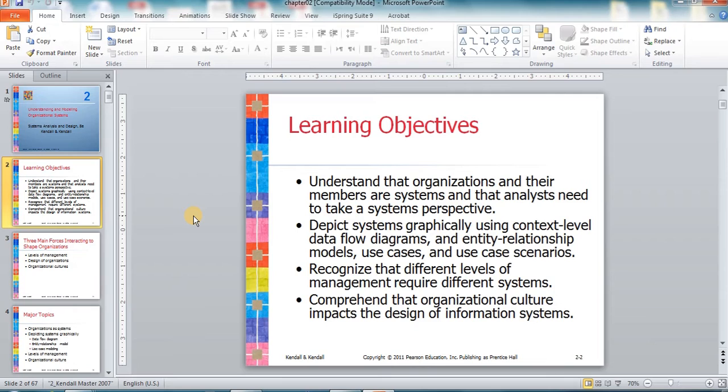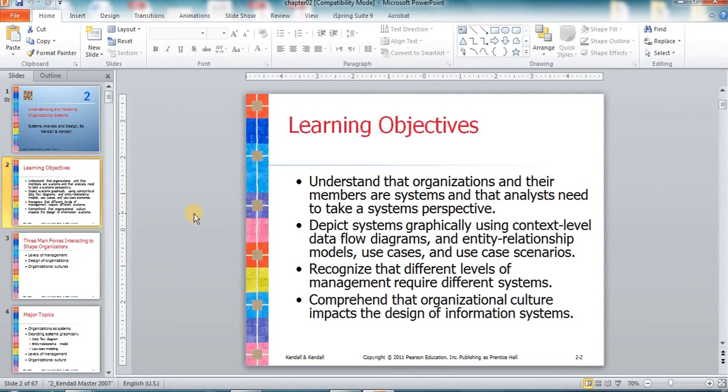Once the software engineer understands how to depict the organization as a complete system, then he or she can depict a graphical view of the complete system of the organization using a certain type of software or model, such as the data flow model, entity relationship model, and use case model, which we are going to talk about in this chapter.